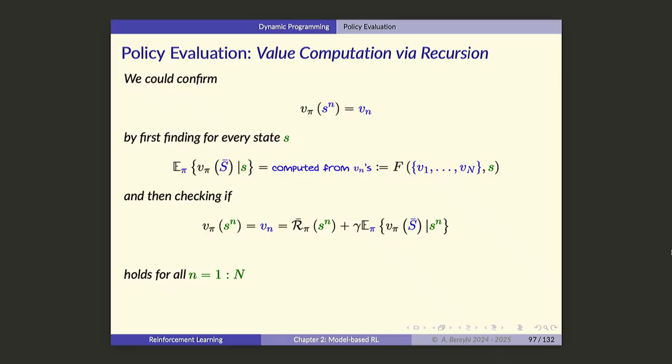Just throw everything away. Just look at it right now, okay? If I consider one set of values here, so this guy is v1, v2, till vn.